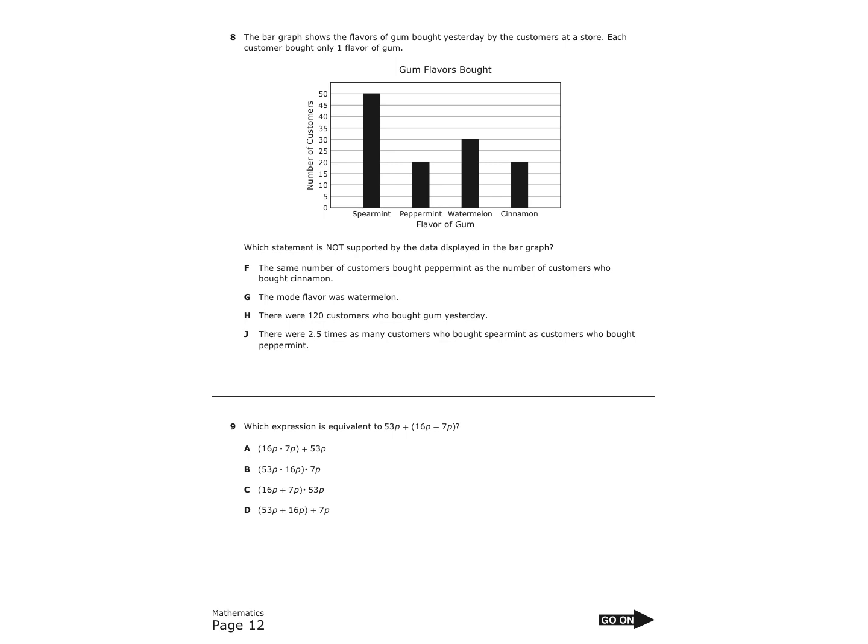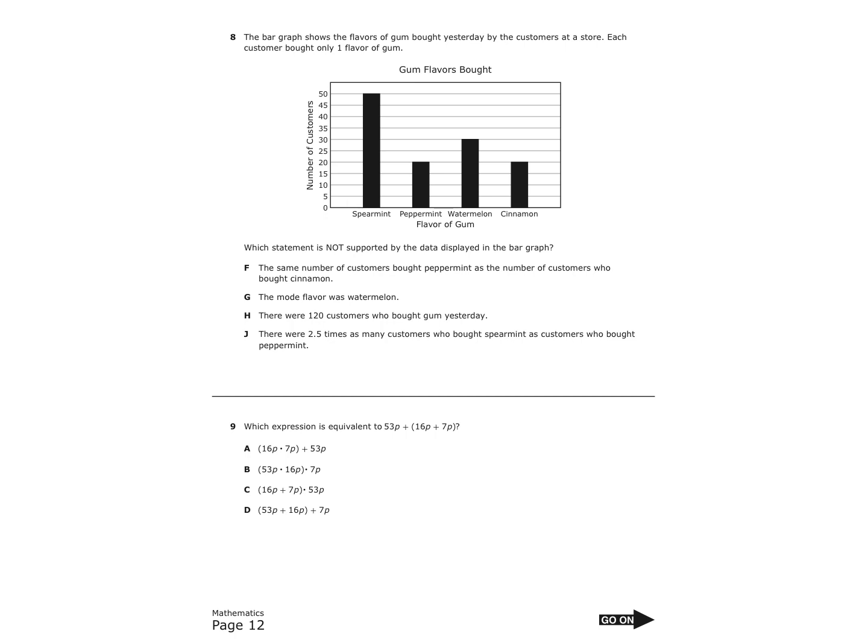Number 8 says the bar graph shows the flavors of gum bought yesterday by the customers at a store. Each customer bought only one flavor of gum. So you have spearmint, which is 50 customers were buying spearmint, peppermint, 20, and watermelon, it looks like there's 30 there, and cinnamon, it looks like there's 20. So what I'm going to do is write the numbers on top.